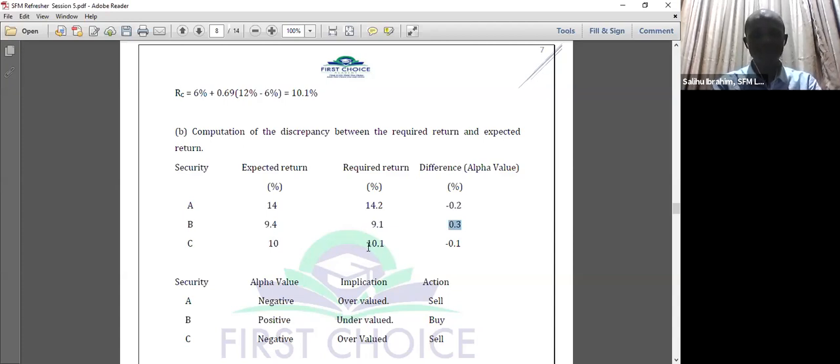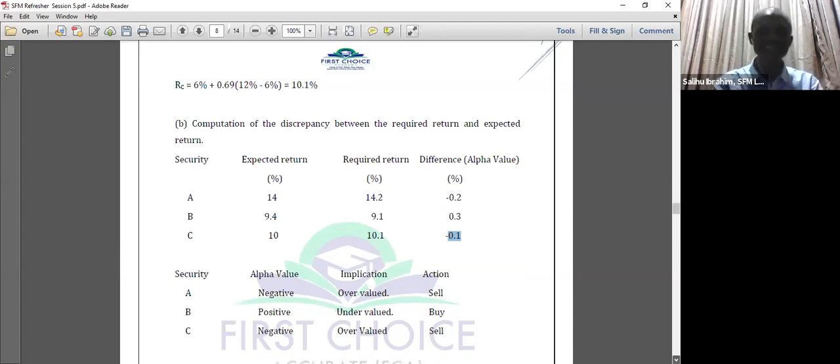Look at the expected return on C and look at the required return. What's happening? Negative 0.1. Okay, it means there is difference between the expected and required return.